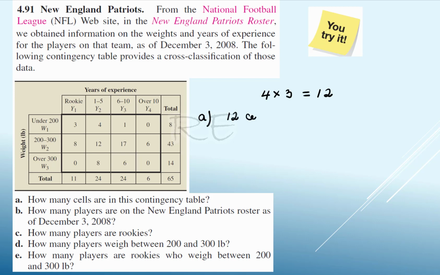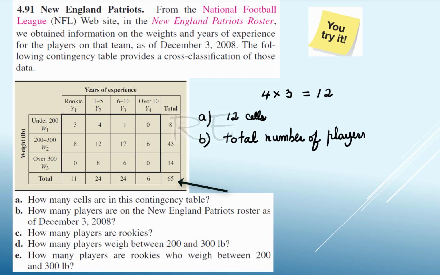Therefore, for question A, the number of cells is 12. For B, how many players are on the New England Patriots roster as of December 3rd, 2008? That number is the total, and the total is right here, in the corner. That number is 65.